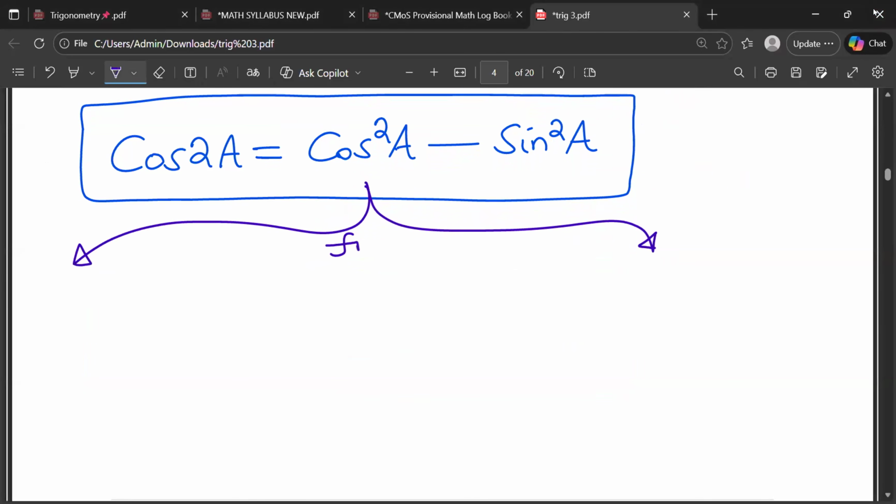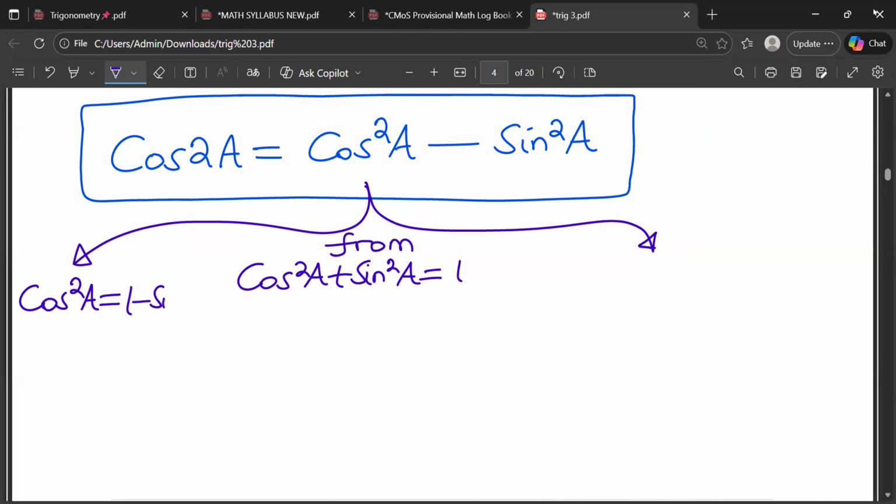I want you people to recall that from the first identity, which says cos squared A plus sine squared A equal to 1, you all know that cos squared alone can be 1 minus sine squared.